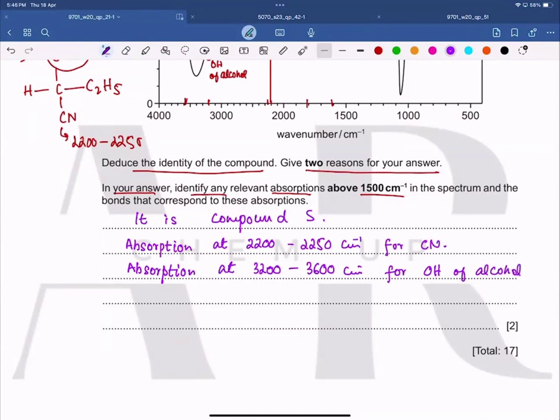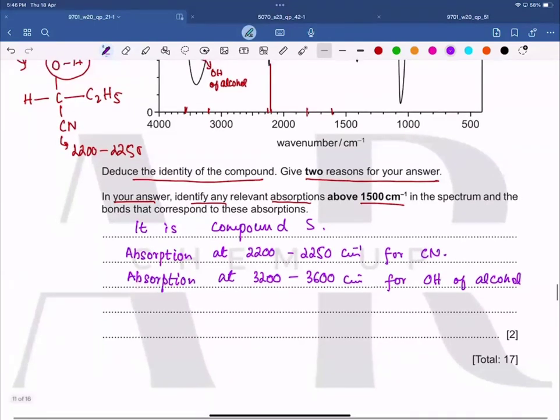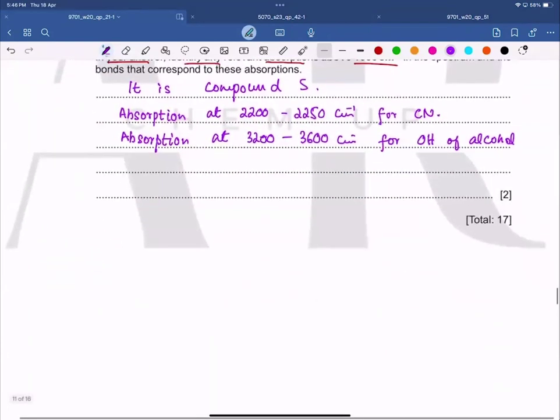Is this clear? Give two reasons. So we are done with the two reasons. Yes, if any one of you has any confusion, please ask. Okay.